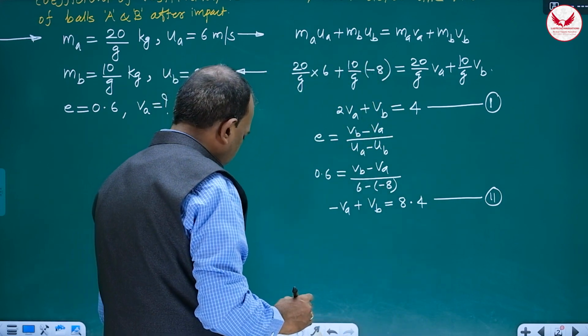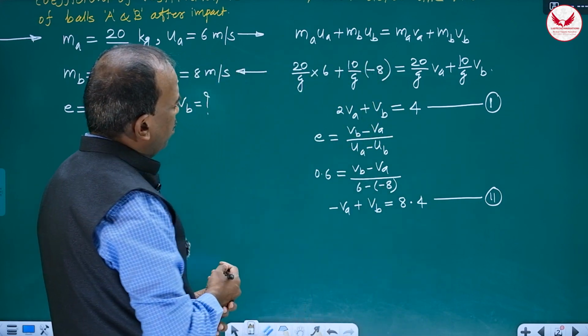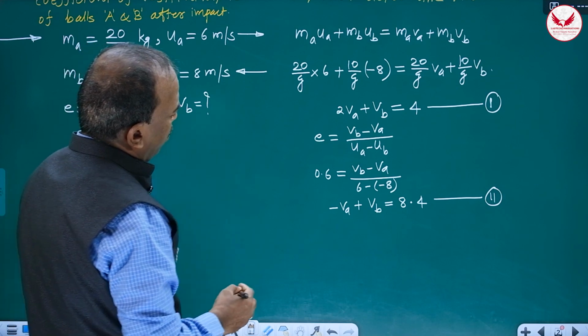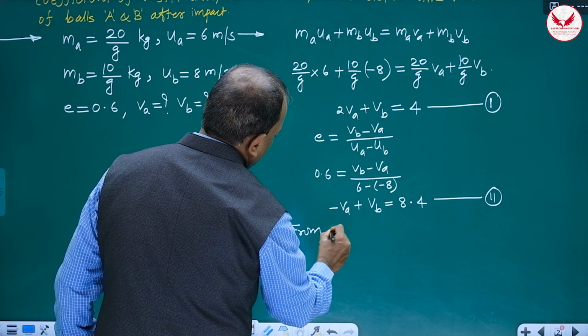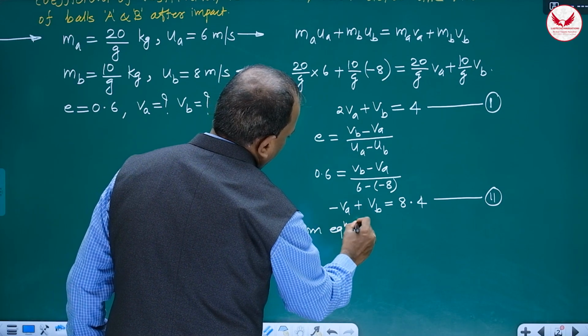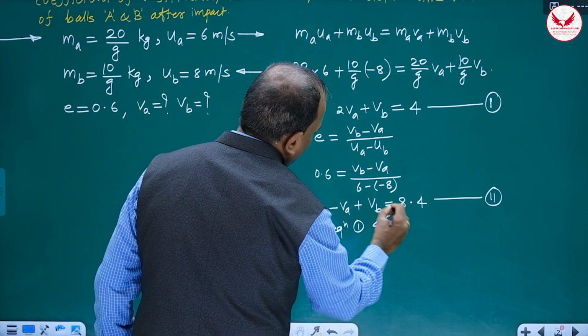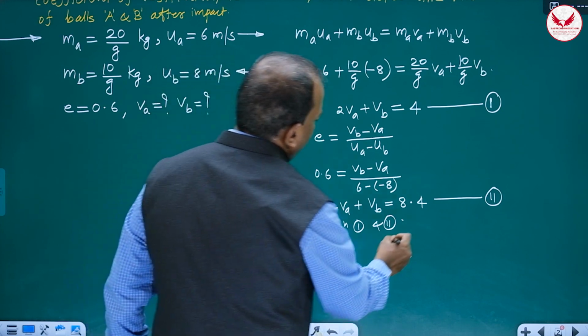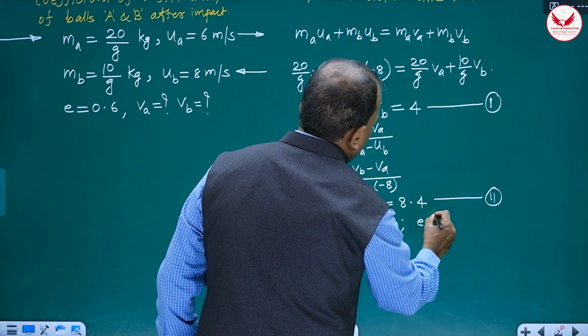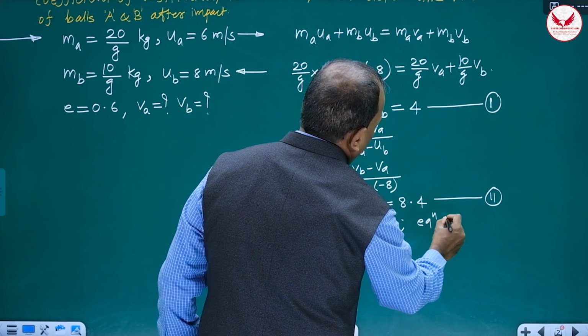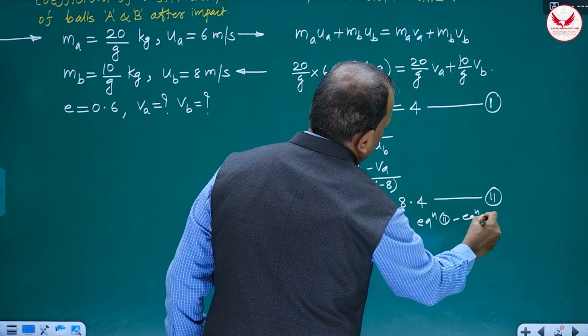And see, from equations 1 and 2, directly you can write the answer, or I'll show it. Means what I'll do? Equation 2 minus equation 1.